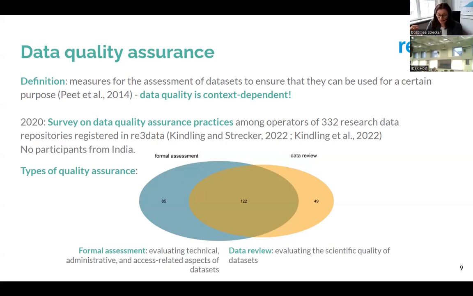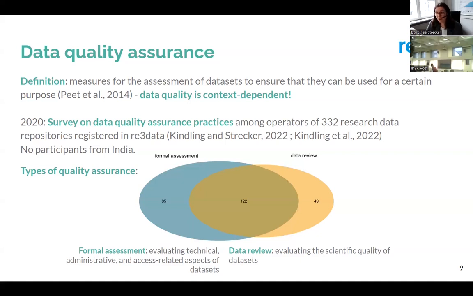And looking at the results from our survey, we found that 22.9% of the respondents perform neither type of quality assurance. So about a fifth of the respondents say they do not perform data quality assurance at all. But the majority of repositories we asked perform at least one of these measures, sometimes both.